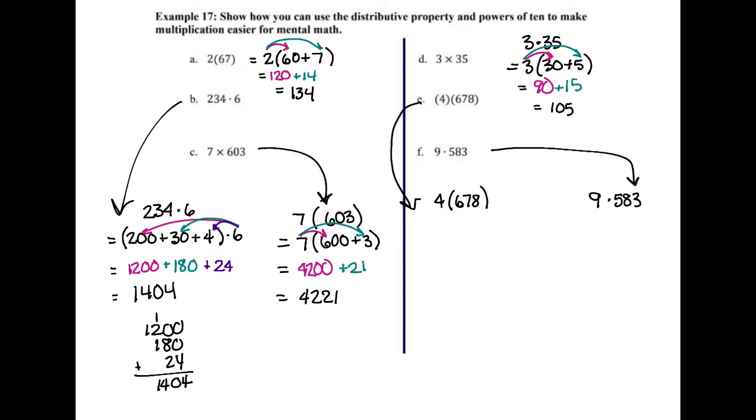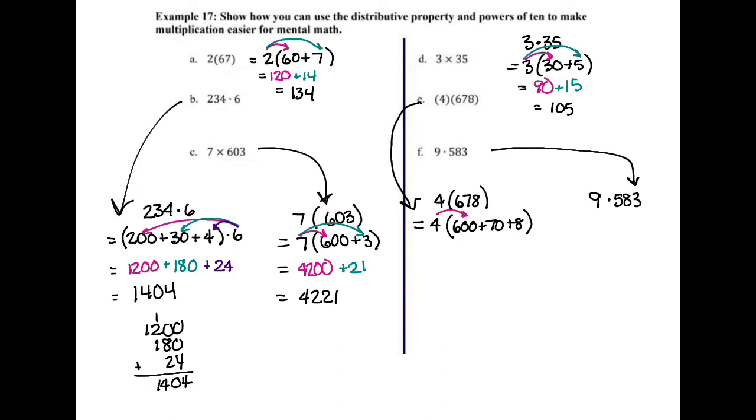Okay, now it's really important when you rewrite a number using the distributive property that you use parentheses, okay? Because this 600 plus 70 plus 8, this whole thing represents a single number. So putting it in these parentheses makes that obvious that it's one group, okay?